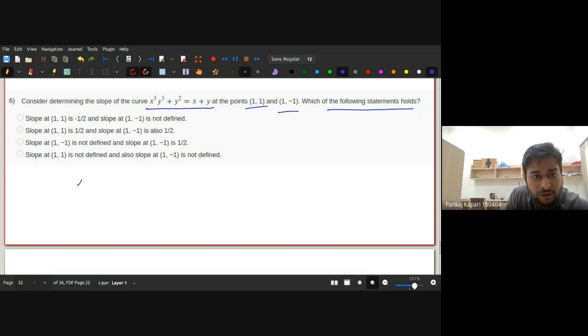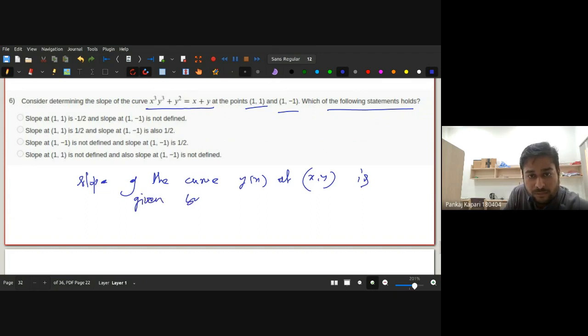So the slope of the curve y of x at x comma y is given by y prime of x.